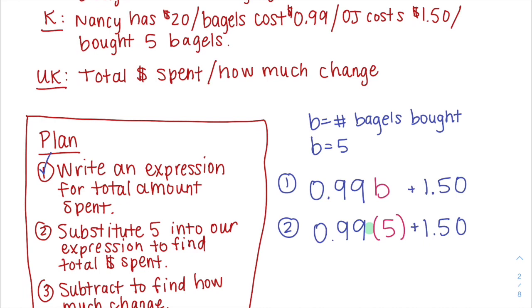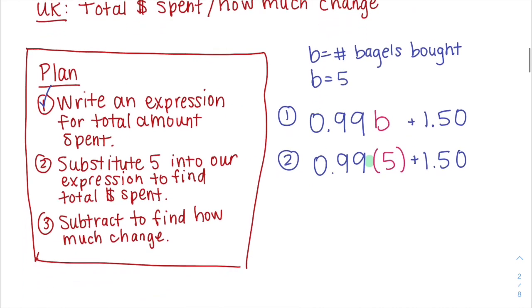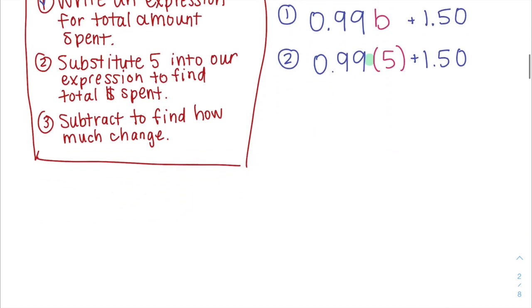Okay, remember there's a sneaky little operation in here, even though you don't see it. It is multiplication, so we have to multiply 99 cents times 5. So I'm going to come over here and do that work on the side. It's important when you multiply decimals, you make sure you line everything up to the right of your problem when you stack it. 9 times 5 is 45, carry the 4. 9 times 5 again is 45, plus the 4 is 49.